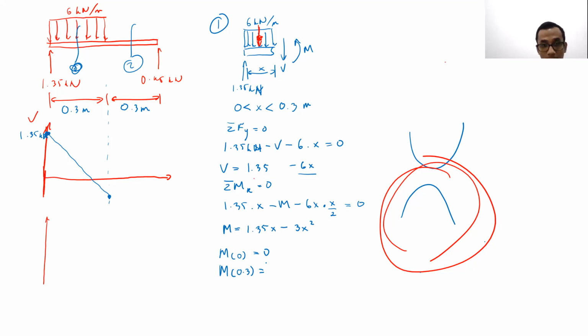What is the value there? 0.4 minus 0.27. 0.13, I think. Let me check. 1.35 multiplied by 0.3 is 0.135, sir. Okay. That's the moment.